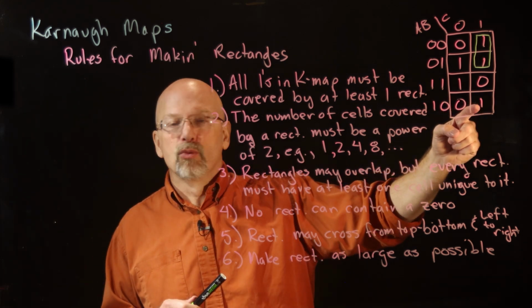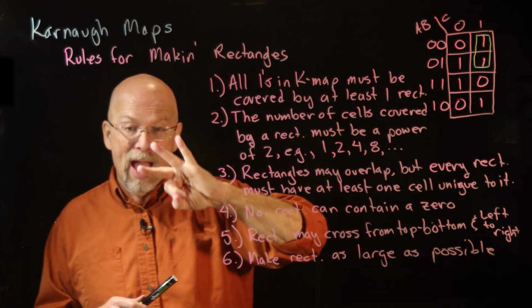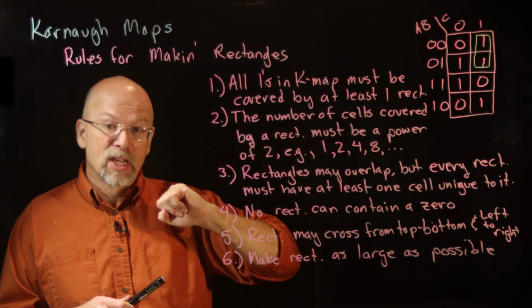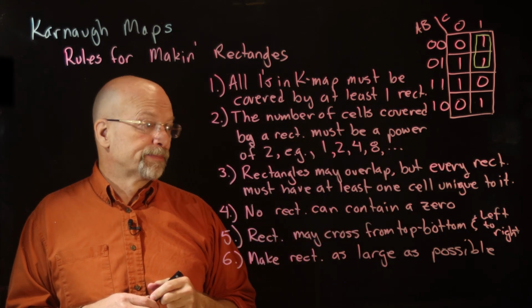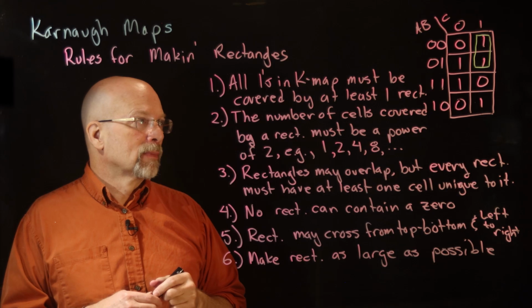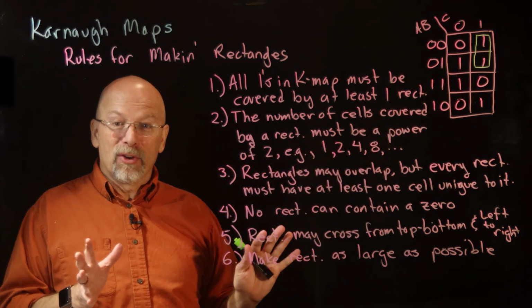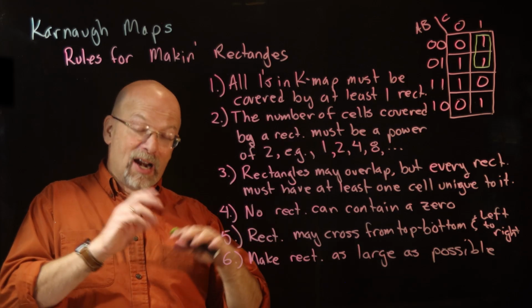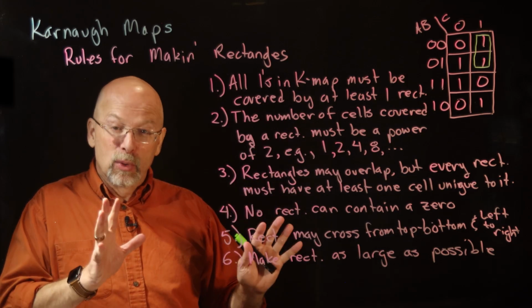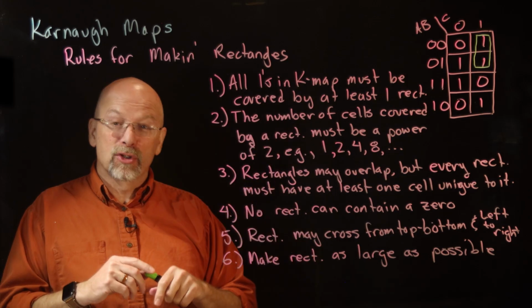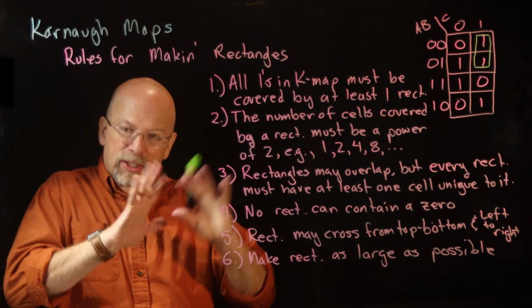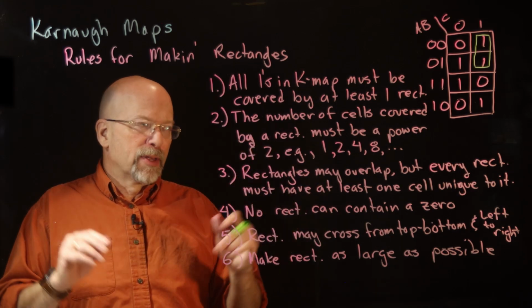So I couldn't just reach up and grab that one too. That would be a rectangle of 3 cells. That's a violation of rule number 2. All right. Now, once those two are covered, I don't have to look for any other rectangles for those two ones. Once we've got a product for them, they're taken care of.